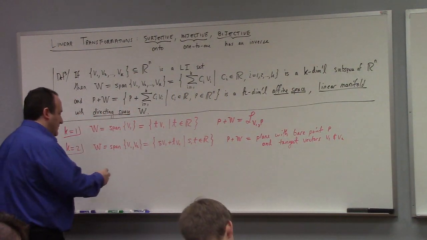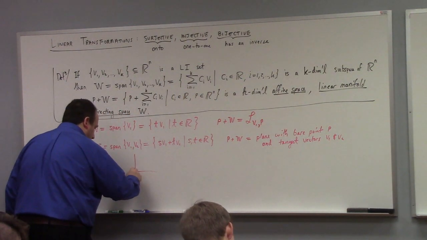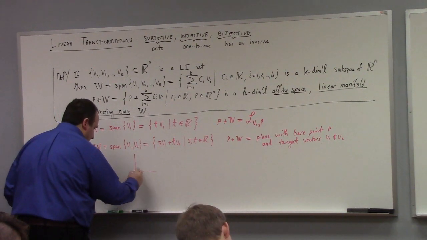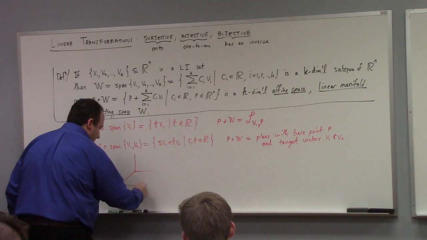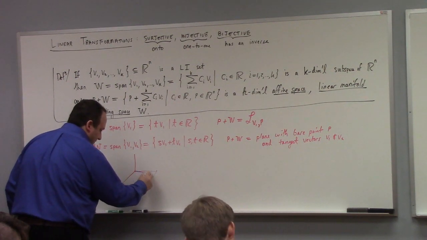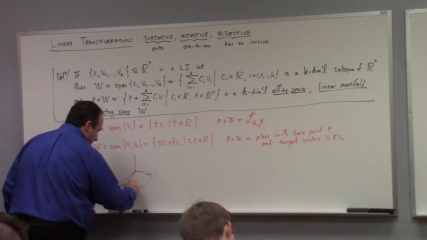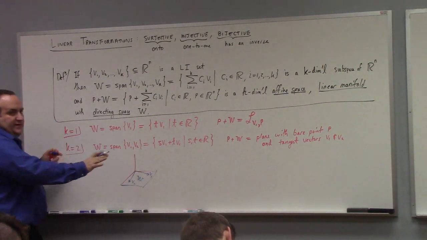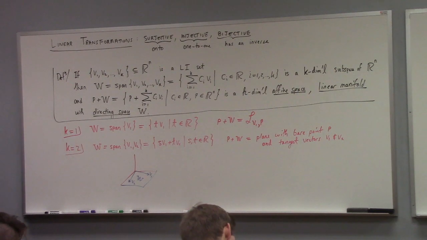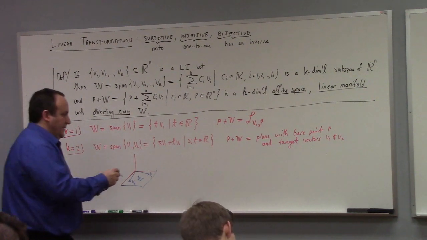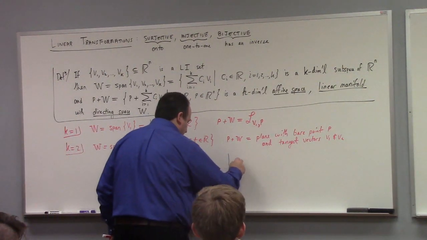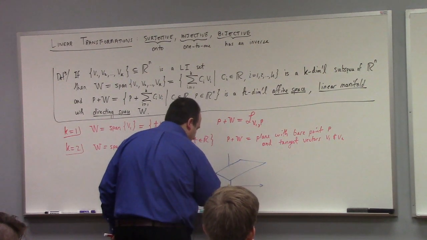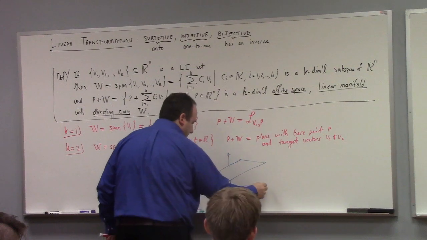Right, so I could draw a picture. W would be something like this, going through the origin. Here's your v1, here's your v2, and in this plane W, arbitrary linear combinations of those fill out the plane. On the other hand, P plus W is something like this.